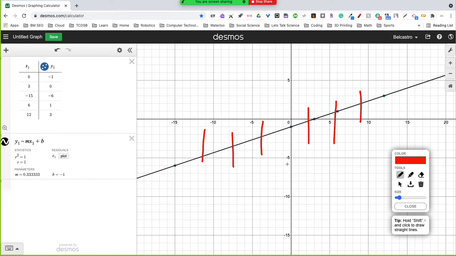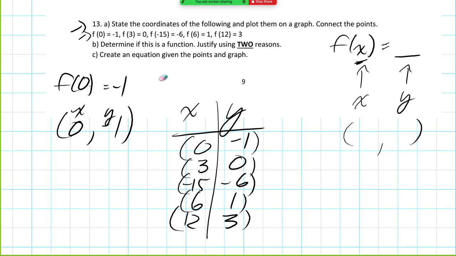And algebraically, we would write y is equal to 1/3 x minus 1. We can see that this is a linear function, to the power of 1, and it connects all of the points nicely. So there are 2 ways we can show that this is a function.